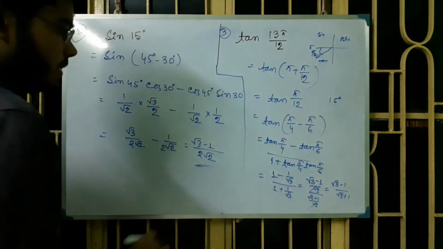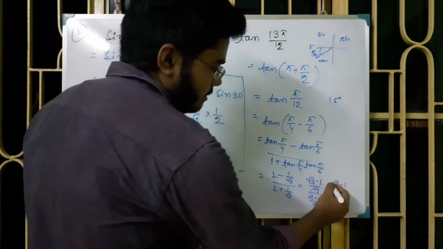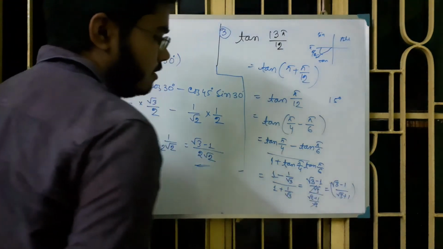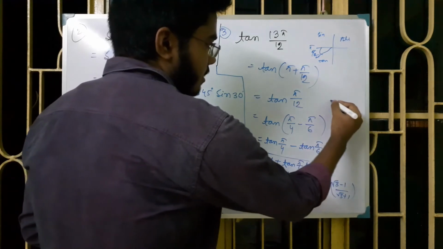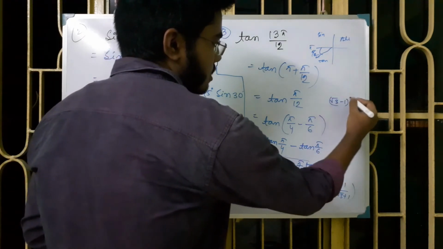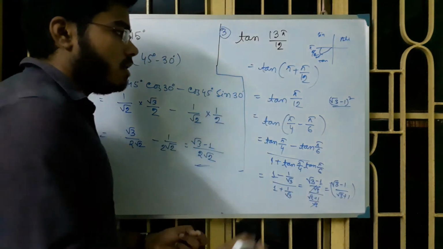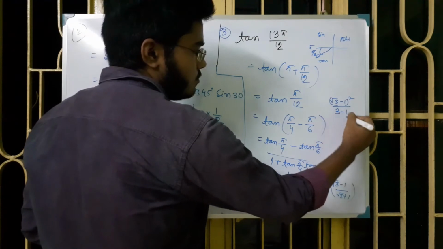Now multiply the numerator and denominator with root 3 minus 1. So that is root 3 minus 1 whole square, and root 3 plus 1 into root 3 minus 1, a plus b into a minus b, is a square minus b square, root 3 square minus 1 square.